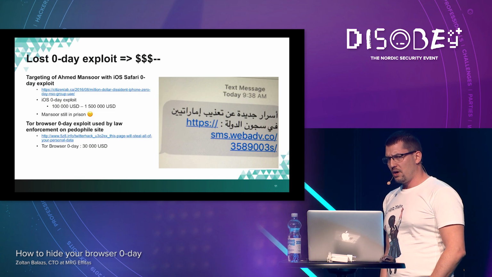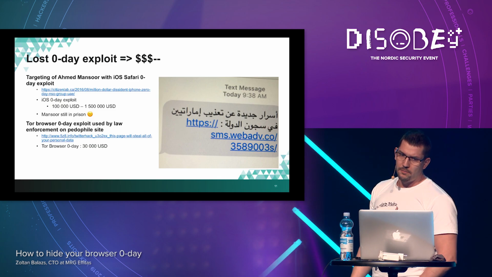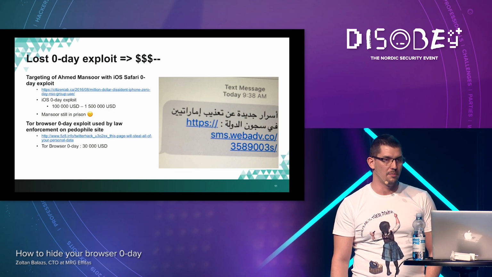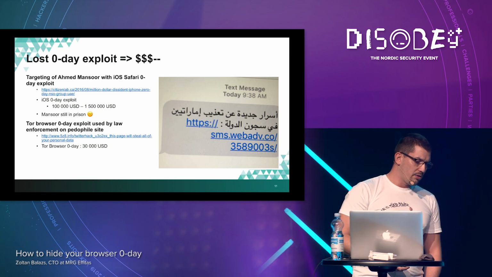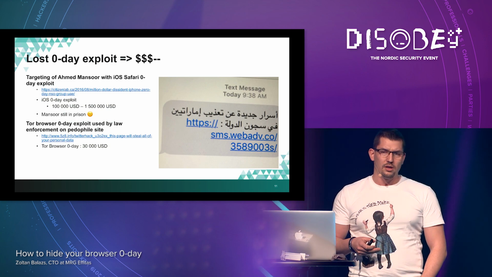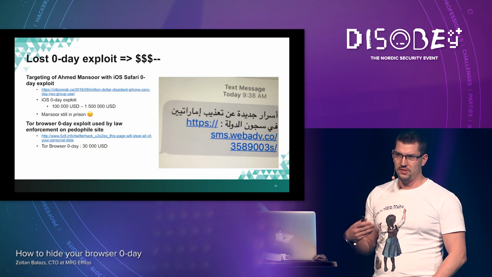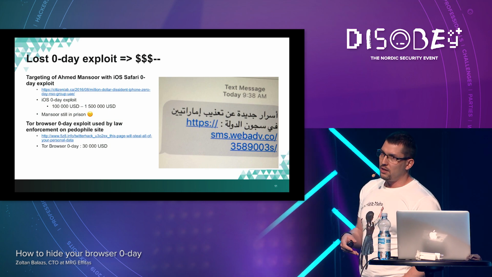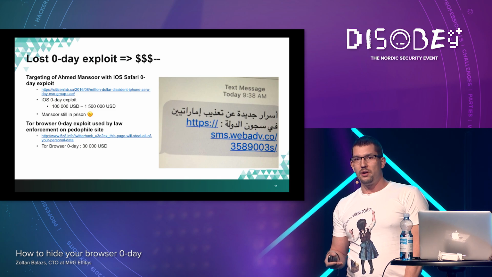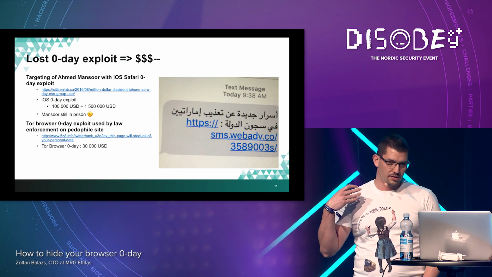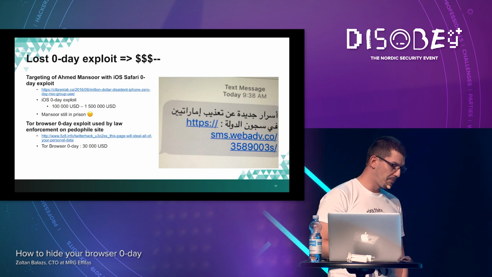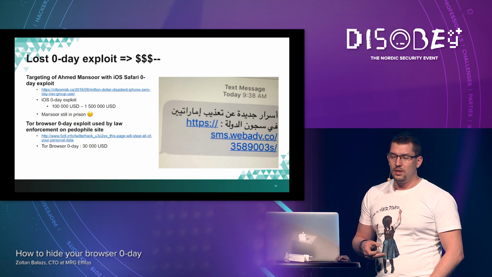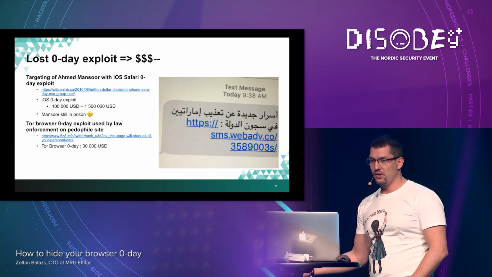And there was this other attack where probably law enforcement was targeting some pedophile sites. Usually what they do is seize control of a web server and put additional scripts on the web server. So whenever someone visits the website, usually after login, they deliver the exploit code to the visitors.